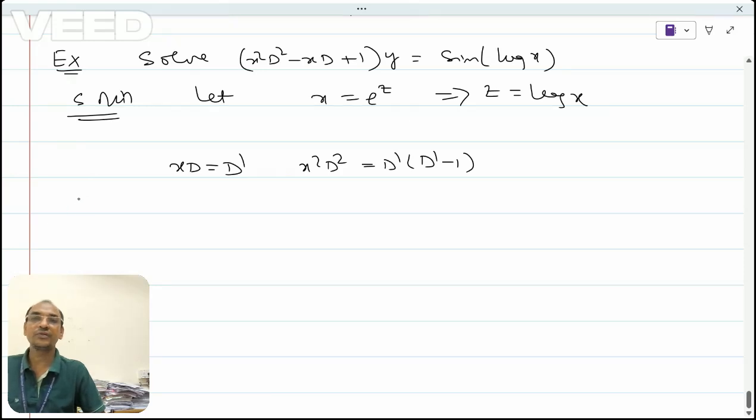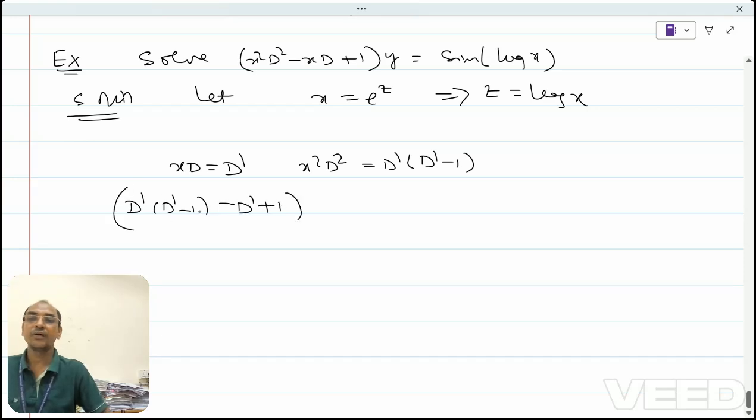And if we substitute this in the given differential equation, we will have D dash into D dash minus 1 minus D dash plus 1 of y is equal to sine of z, because log x is z.